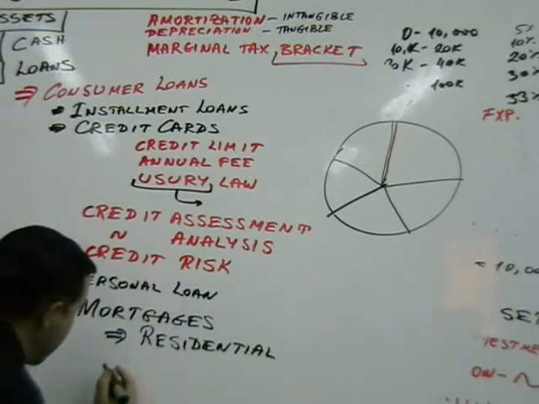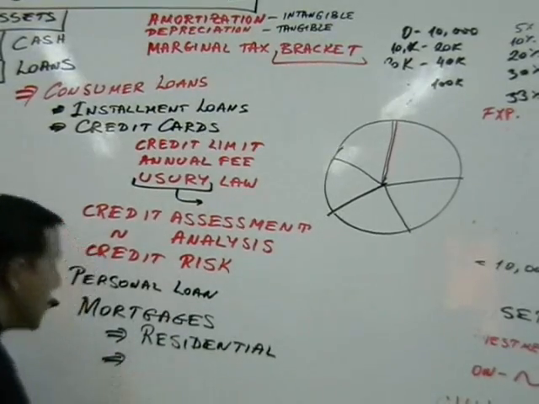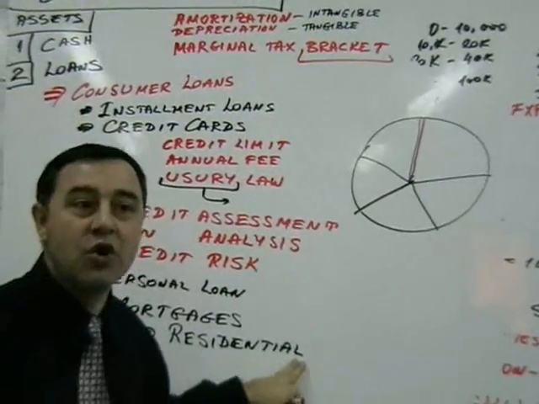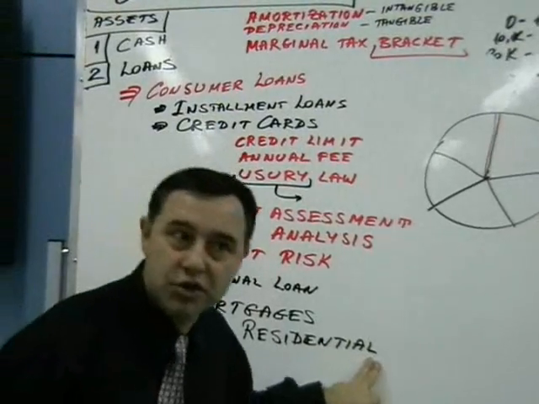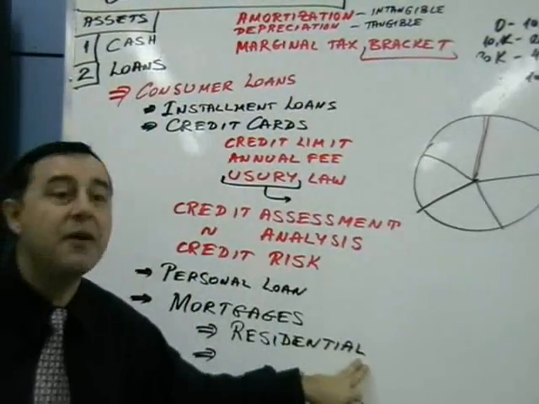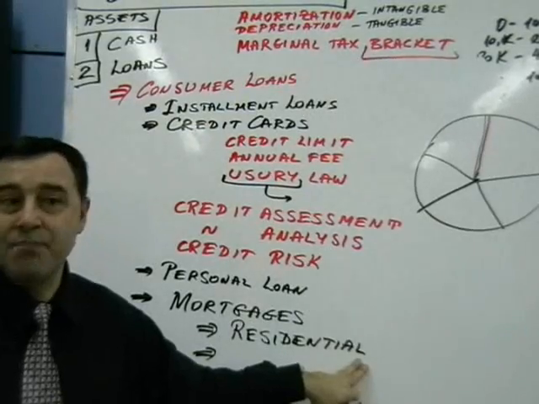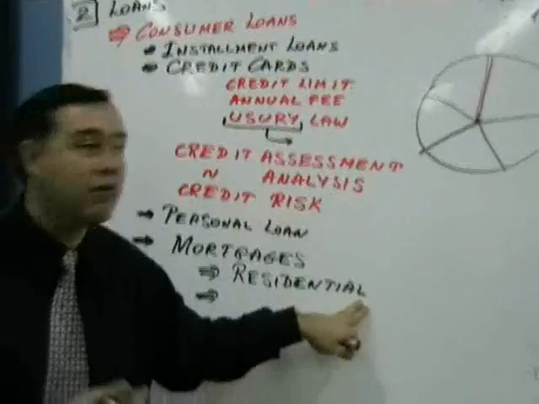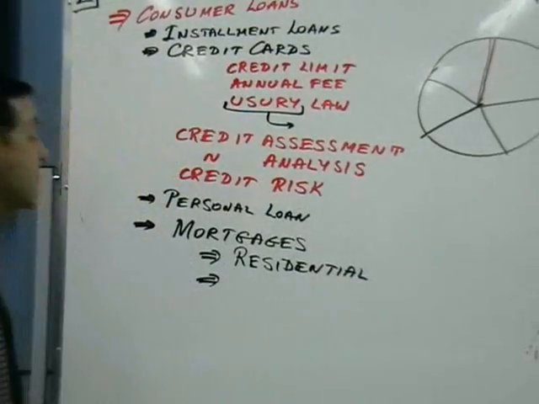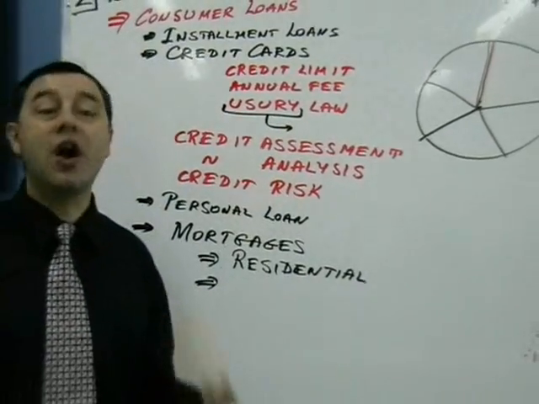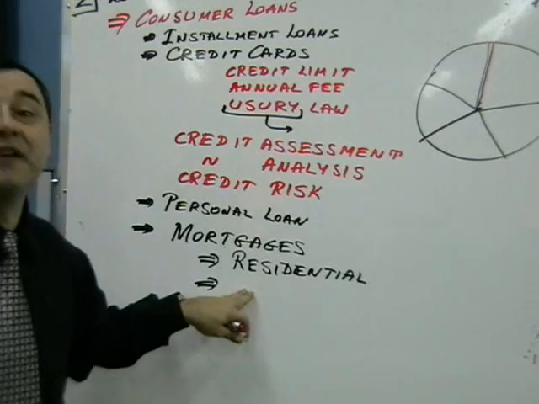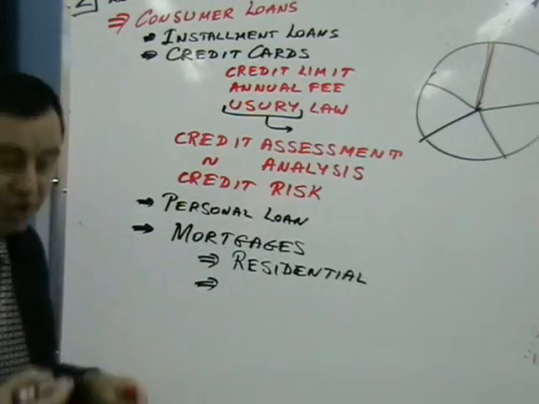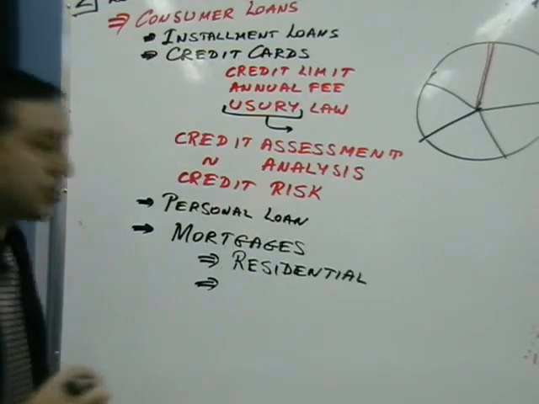Now, much bigger in recent years, of course, are residential mortgages in the US, all across Europe, including Eastern Europe, which are blowing up big time because we had a big real estate bubble in the last 4 or 5 years. And now we are due for the blow up of the other mortgage sector, which is called commercial.